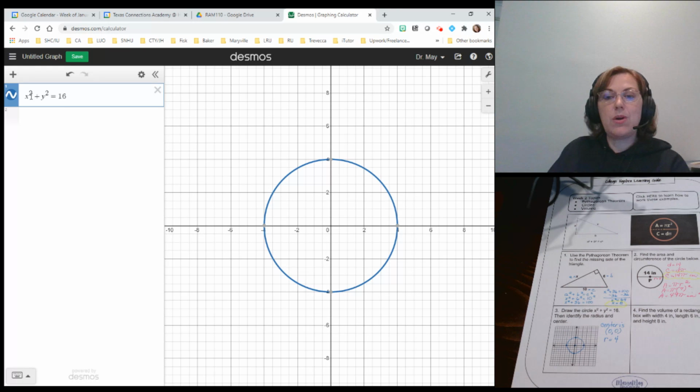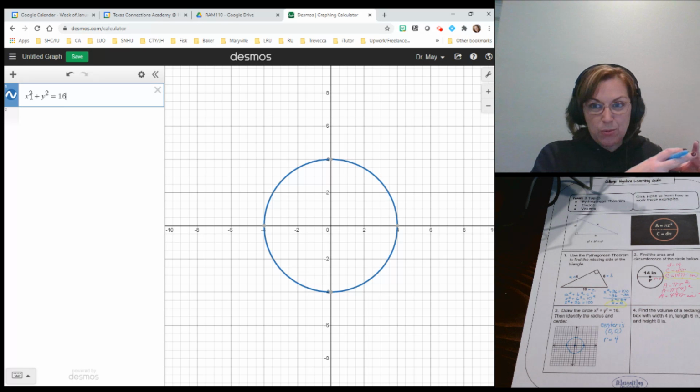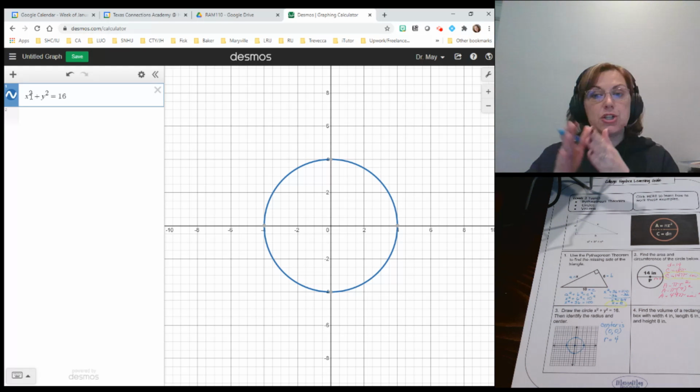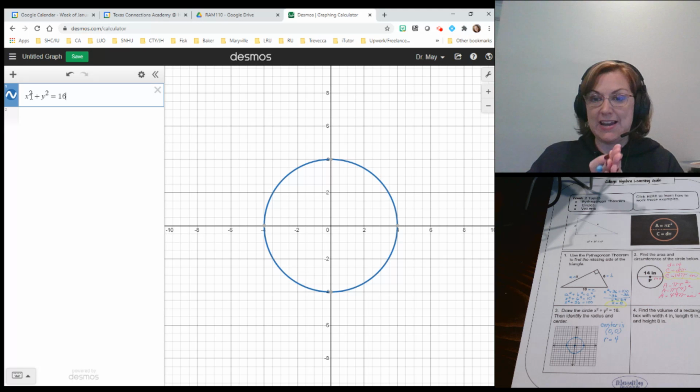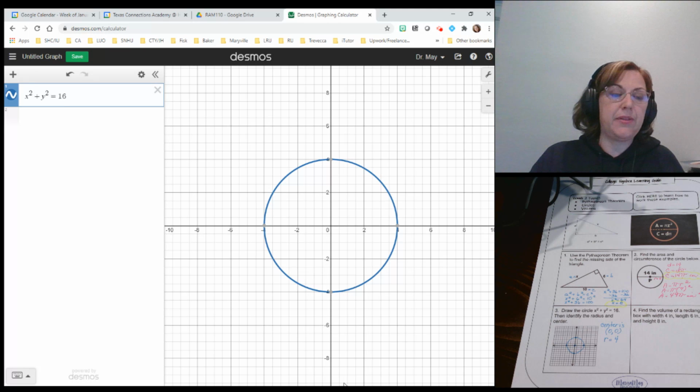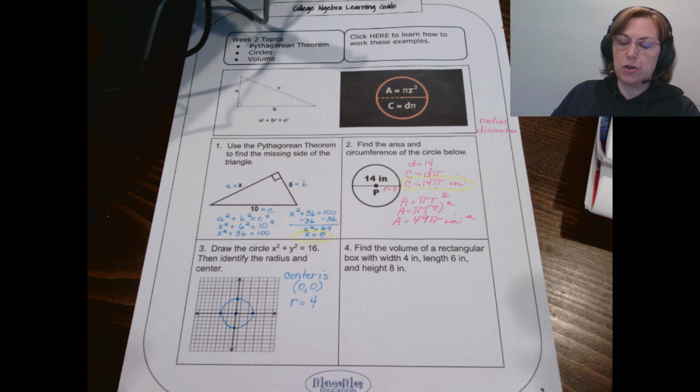So I want you to use your calculator in conjunction with your learning guide to be able to get your graph, and then you interpret the graph based on where the center is and what the radius value would be. Okay, I'm going to switch back for our last problem on this part, which is about the volume of a rectangular box.